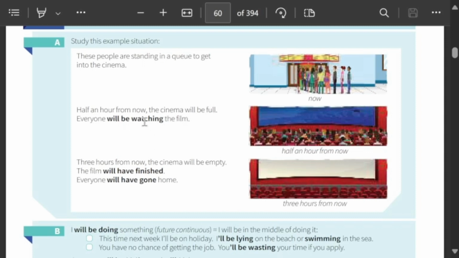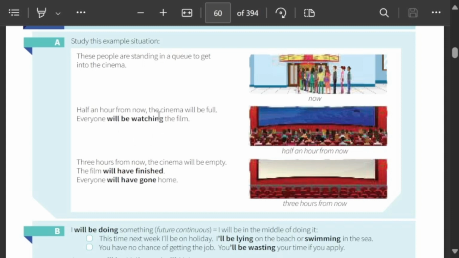Here is the new tense. Everyone, they will in the future be watching. So it's like present continuous, but in the future. Remember present continuous? The subject, then the verb to be and the verb with ing. So now you just add will, and the verb to be becomes just be. Instead of am or are or is, it stays as be, you see?